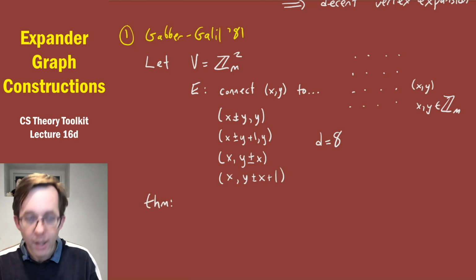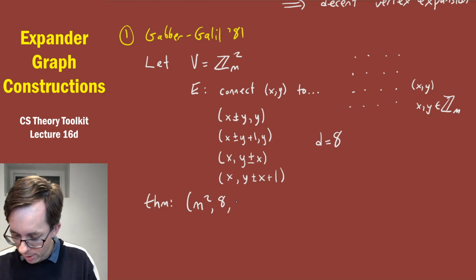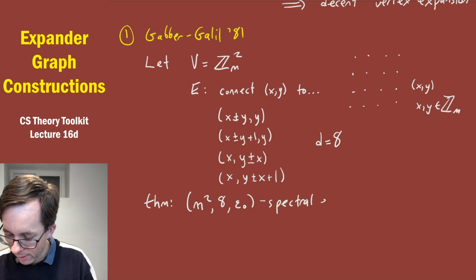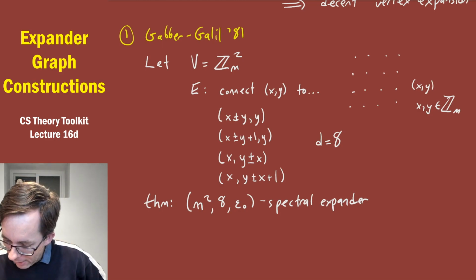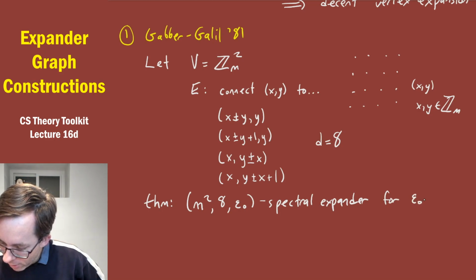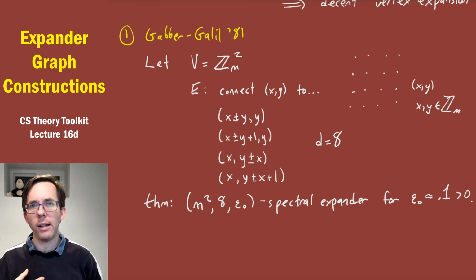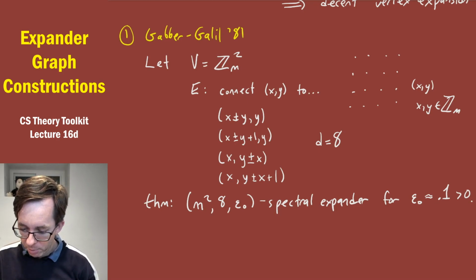The theorem is that this is an (m^2, 8, epsilon_0) spectral expander for some strictly positive constant epsilon_0, which you have to kind of squint into the Gabber-Galil proof to find, but I think maybe epsilon_0 is like 0.1 or something. So the actual expansion parameter is not amazing, but 0.1 is okay. And it has so many other great properties.